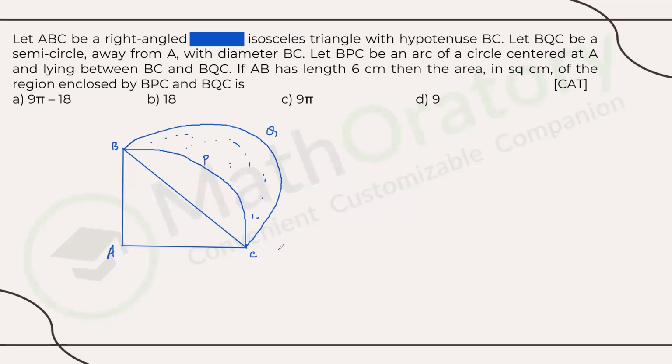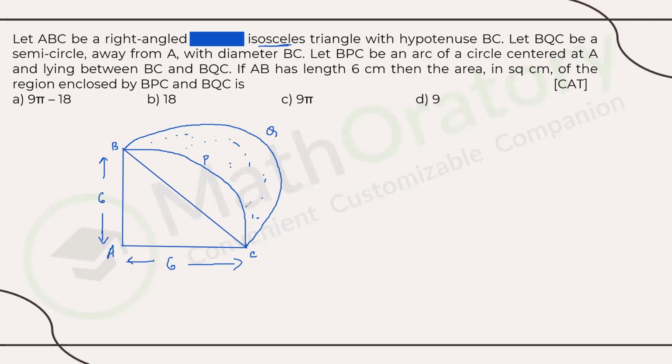Now, a couple of things out here. AB is 6 centimeters. And since ABC is an isosceles right angle triangle, this also has to be 6 centimeters, right? So this is all we have. And we are concerned about this thing, right? Now on the face of it, this looks very difficult, but try to handle it smartly.